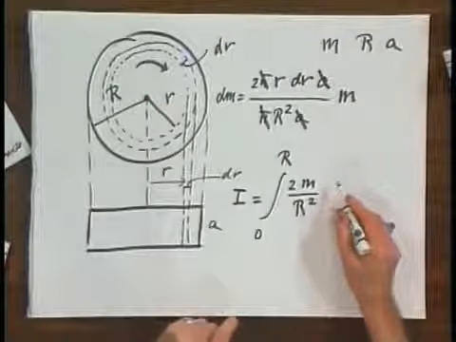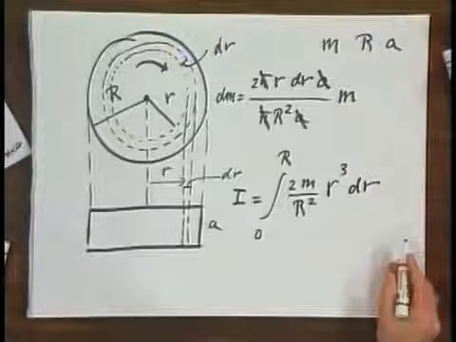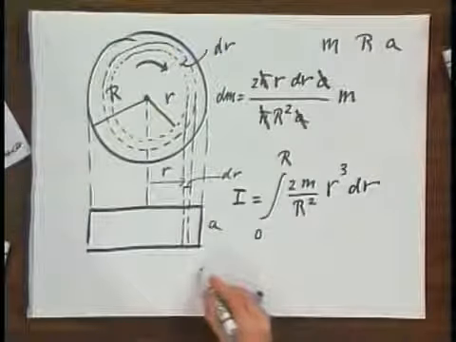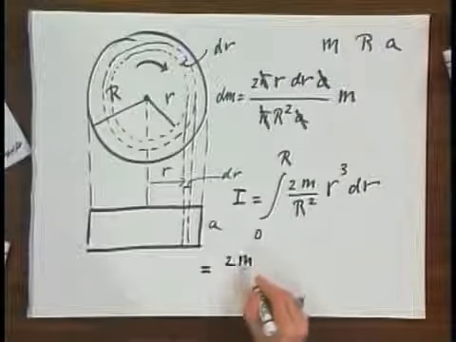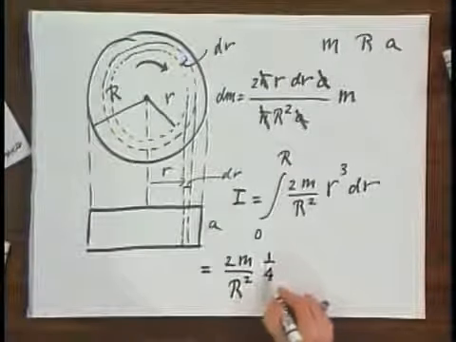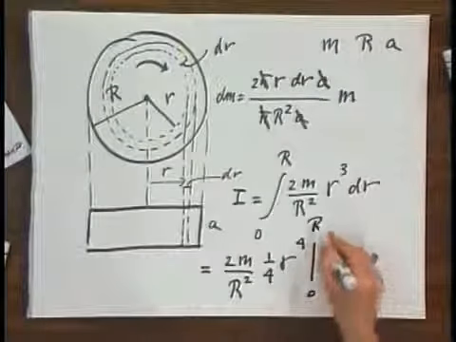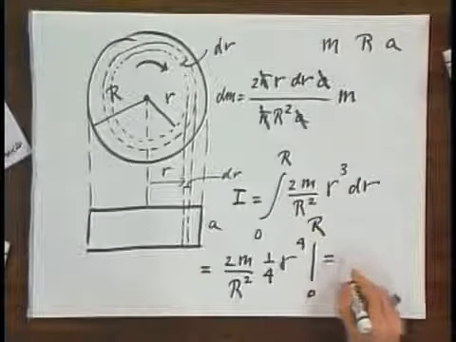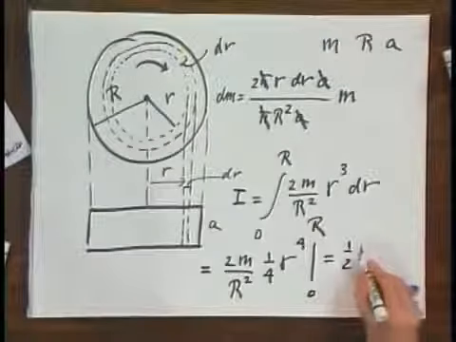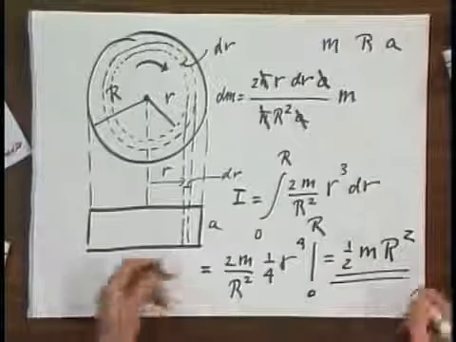And so I'm going to get here r to the third dr. And this integral becomes 2m divided by R squared, 1/4 R to the fourth, evaluated from 0 to capital R, and that becomes 1/2 m R squared. This too is a very well-known result.